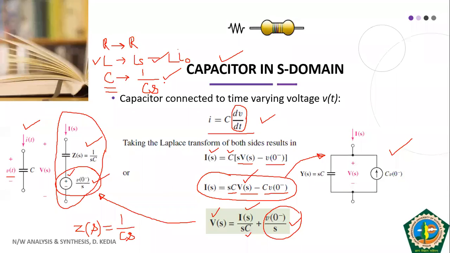And here it will be 1 by Cs plus V0 by S. So straightforward, nothing complex. So this is what you have to memorize. If you memorize that, then it will be a child's job to apply Laplace transform to your circuit analysis. So let us move forward.